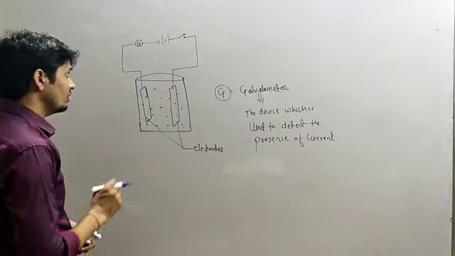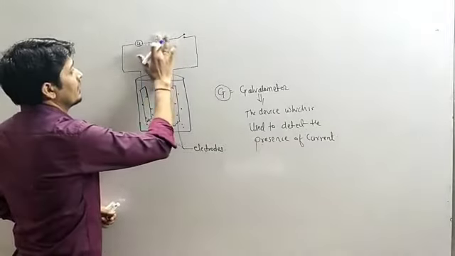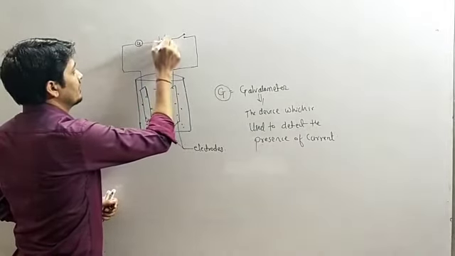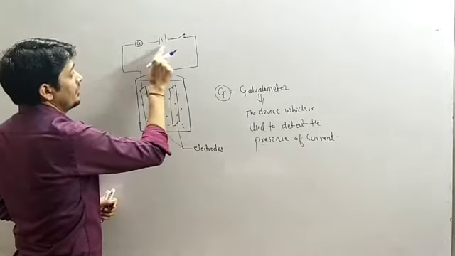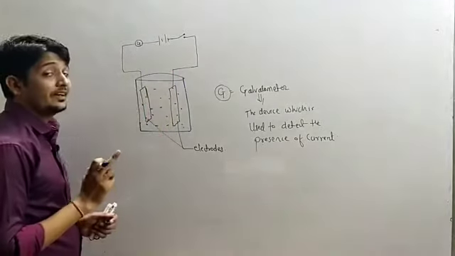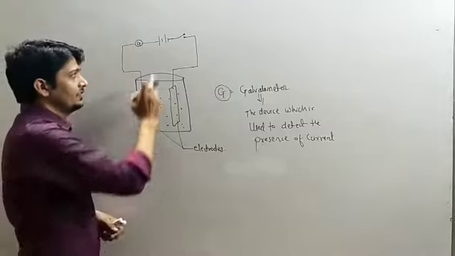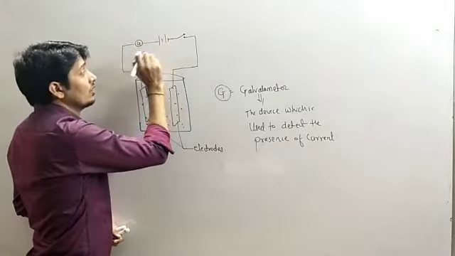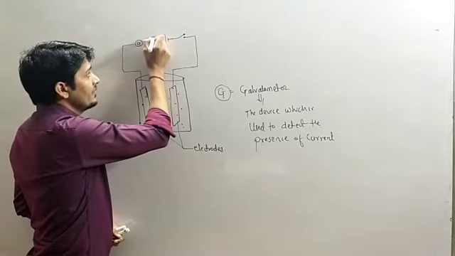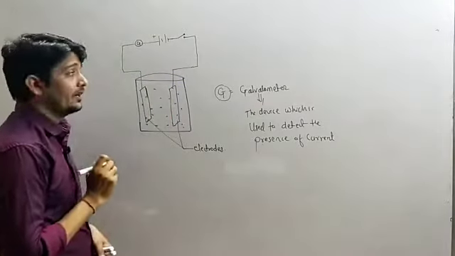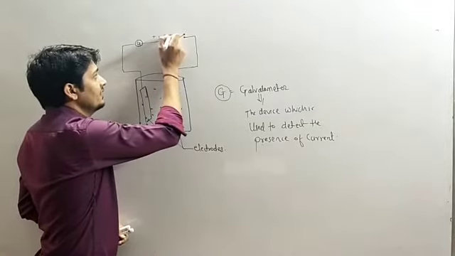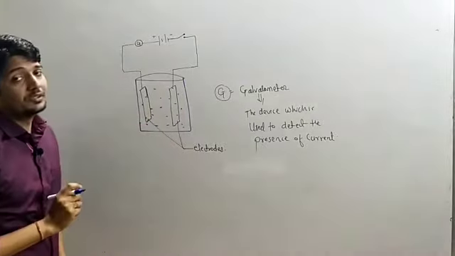Now here we can change something like this. See, this is the representation of a battery. The long line represents the positive terminal of the battery, and the small line represents the negative terminal of the battery.